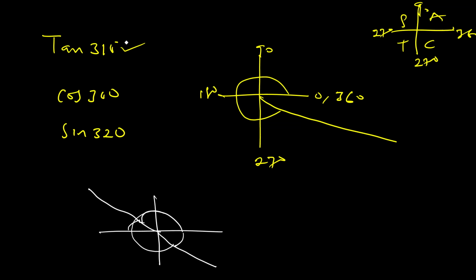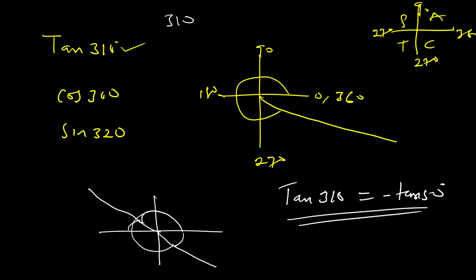So 310 plus what value will make 360? So 50. So 50 plus 310 is 360. Therefore, tan 310, and since this side is for only cos, we have negative tan 50 degrees. Okay, so that is the acute angle here.